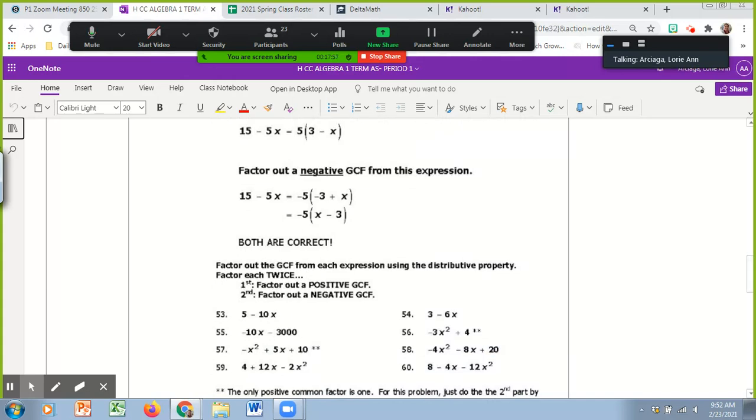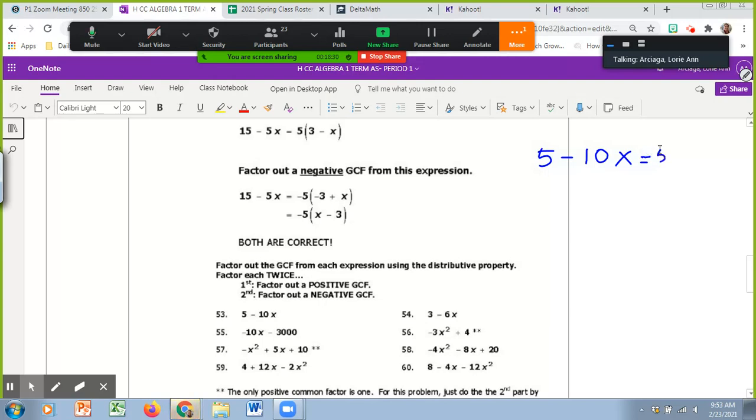Let me copy the first one here. 5 minus 10x. So we're going to split that, right? The first one is, we're going to divide by a positive GCF. So what do you think is a positive GCF for 5 and 10? 5, very good.